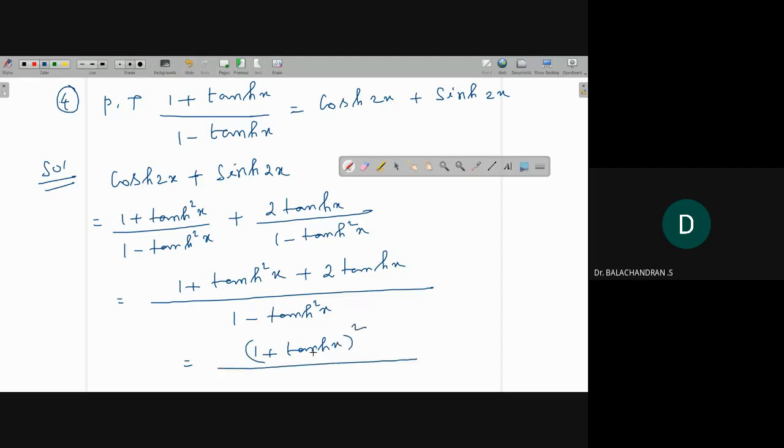The denominator you can write a square minus b square, so 1 plus tan hx into 1 minus tan hx. After cancelling one of them, you'll get the final answer: 1 plus tan hx divided by 1 minus tan hx. So this is the right hand side, equal to the left hand side. Okay?